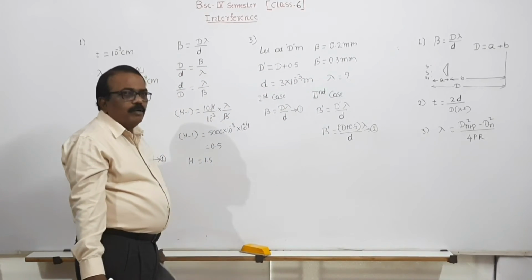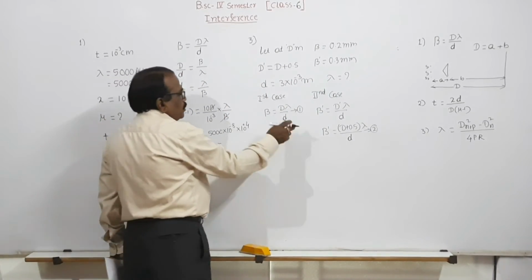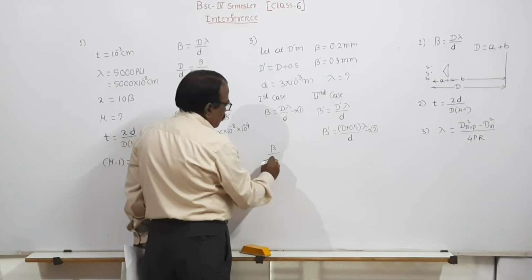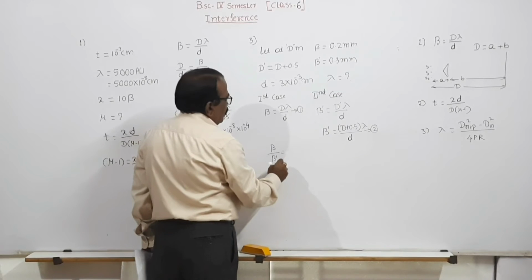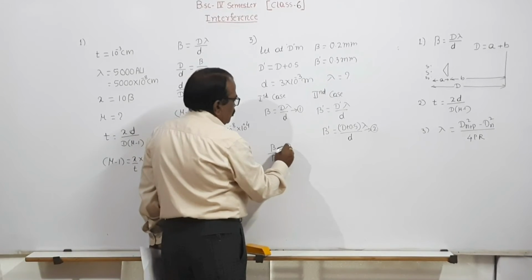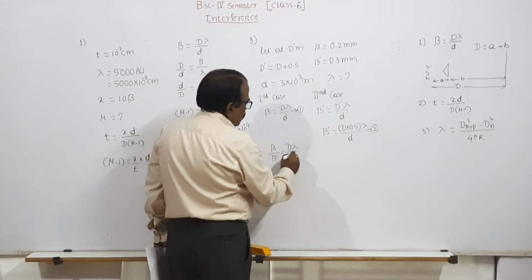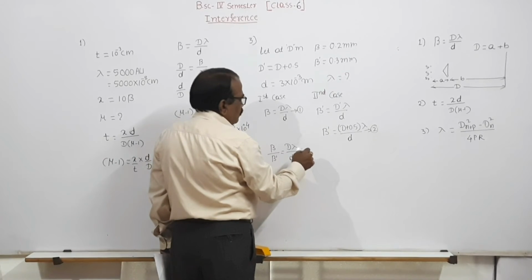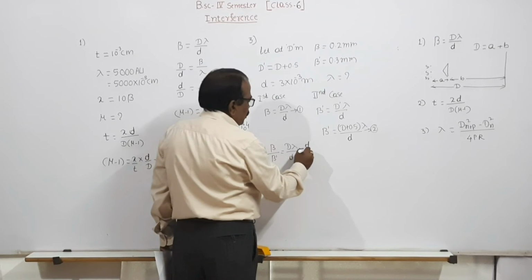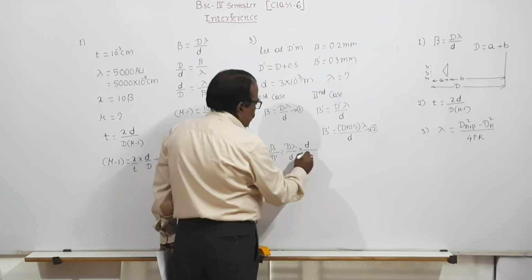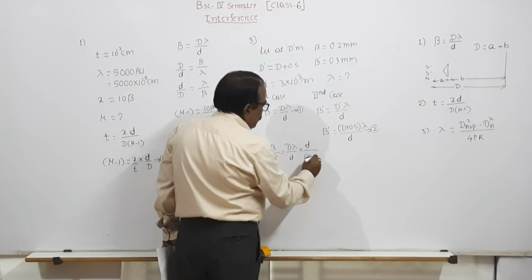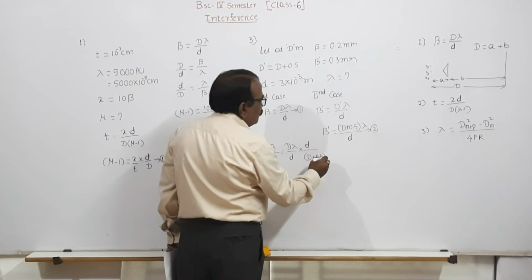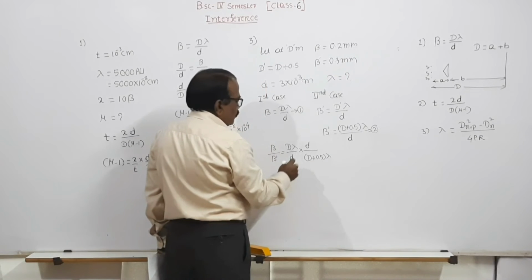Divide equation 1 by 2. Beta upon beta dash is D lambda divided by d into d divided by D plus 0.5 lambda.